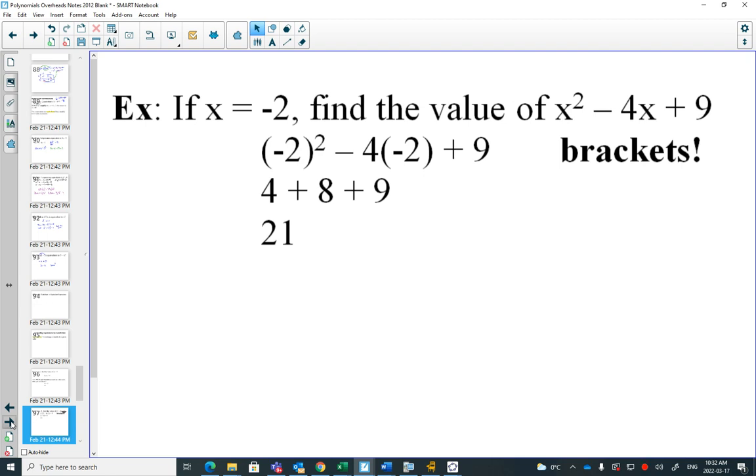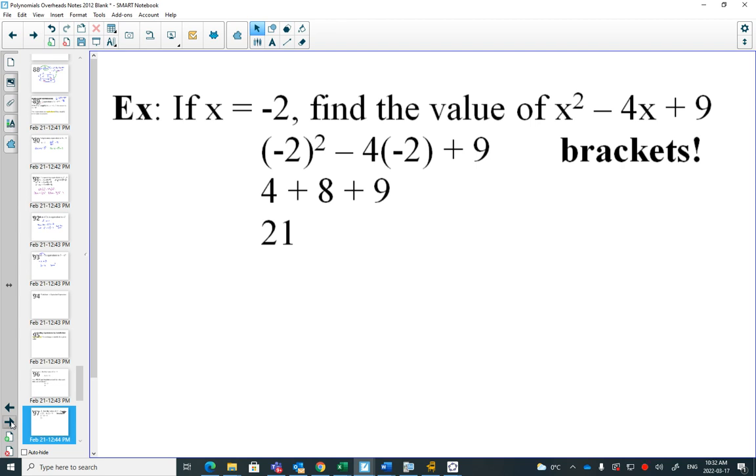Okay? So here's another example. If you had x squared minus 4x plus 9, and you wanted to evaluate it when x is equal to negative 2, you would substitute a negative 2 wherever there were x's. The first x there is squared, so I write negative 2 in brackets and squared.